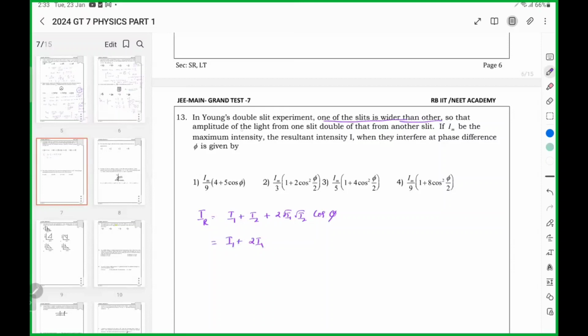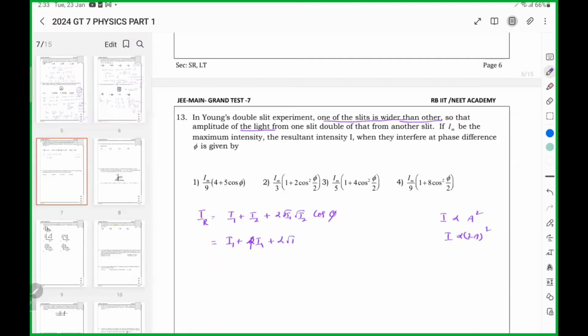So the amplitude is doubled, and intensity becomes 4 times.